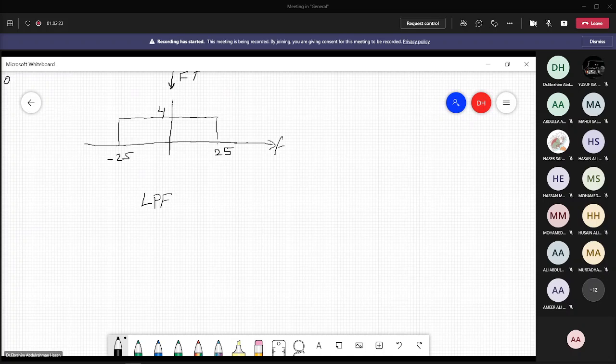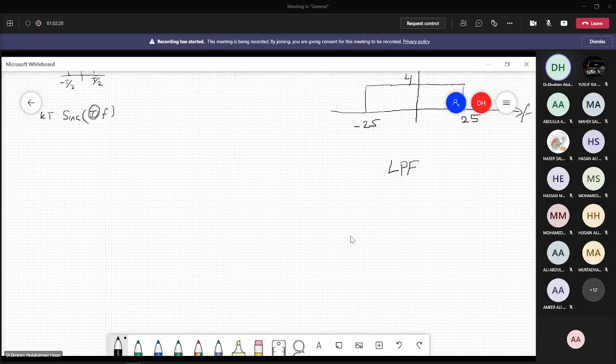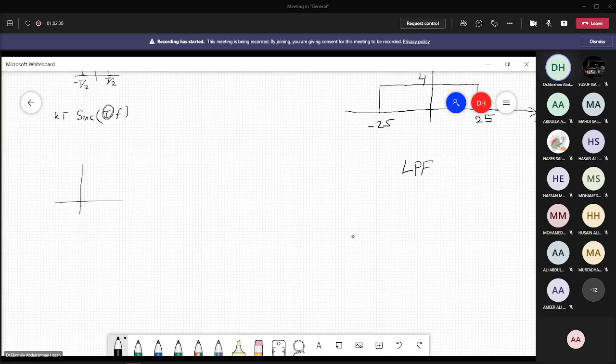The low pass filter, can we draw it like this? If you remember with the analog in Circuit 2, draw it like this, and this is the cutoff frequency. Okay, so this is a low pass filter, but this one is digital. This is one side, only for the positive side. In negative, it's exactly the same.